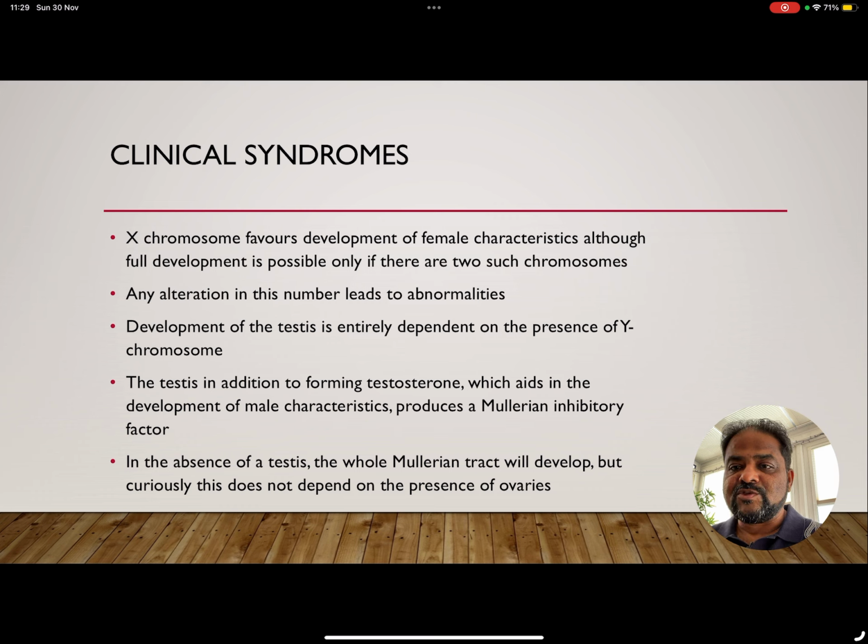On the Y chromosome, there is a gene called the SRY gene, the sex determining region of the Y gene, and because of that, the male phenotype and testis develop. The testis, in addition to forming testosterone, which aids in the development of male characteristics, also produces a substance called MIS or MIF, Mullerian inhibitory factor. In the absence of a testis, the whole Mullerian tract will develop, but curiously, this does not depend on the presence of the ovaries.